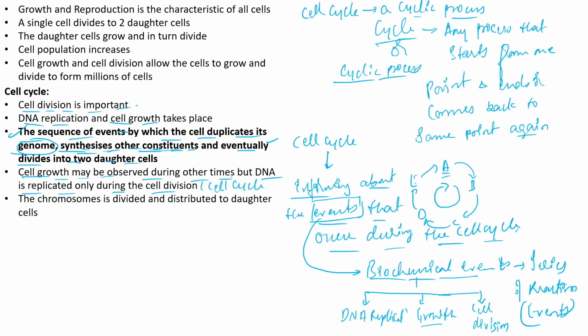This is a very interesting point to notice: the cell division can occur at any moment of time, but during the whole process of a cell cycle, the DNA is replicated only once and only at one particular moment. During any other stage of the cell cycle, DNA replication does not occur once again.